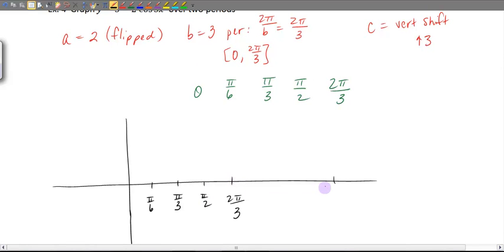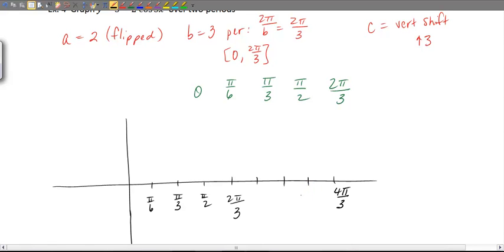We also know, in order to make the next interval, that one entire period is 2 pi over 3. So here it's 2 pi over 3. My next period occurs in another 2 pi over 3. So we add one full period to this and I get 4 pi over 3. And every time I increment, it's by pi over 6.